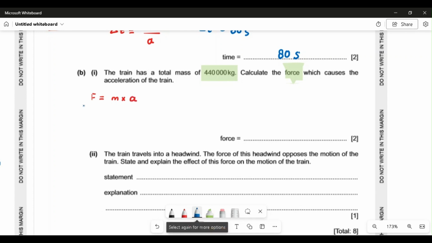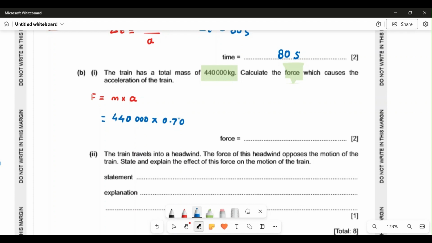The mass is given to us, that is 440,000, and acceleration is 0.70 meter per square second.